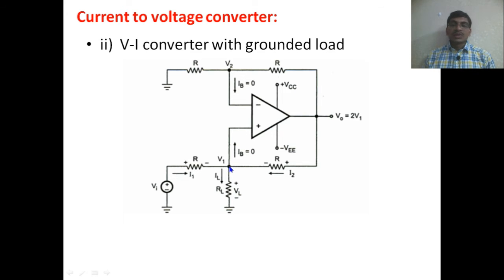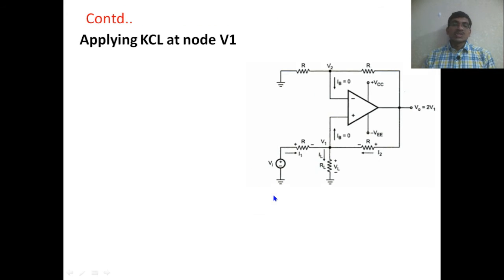Now we are going to calculate the voltage at this node. Apply KCL at this node. For this node, the incoming currents are I1 and I2, and the outgoing current is IL. As IB is equal to 0, only one outgoing current is considered. IL is equal to I1 plus I2. Now we are going to calculate I1 and I2 in order to substitute in this equation.